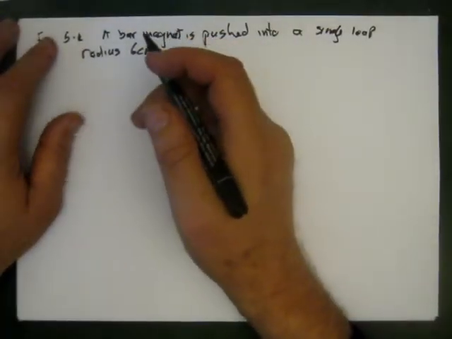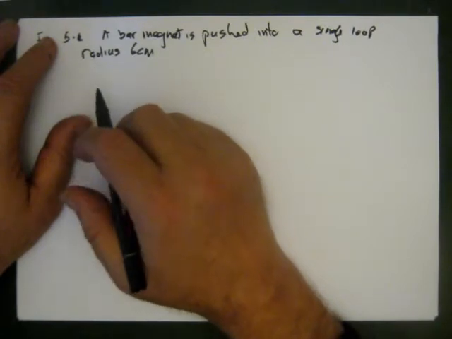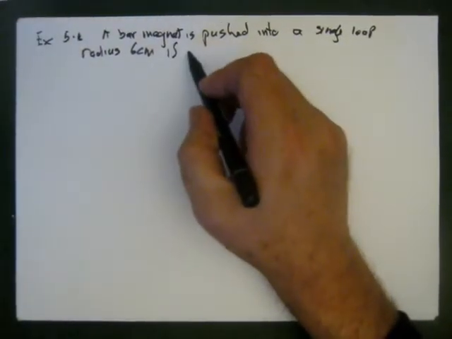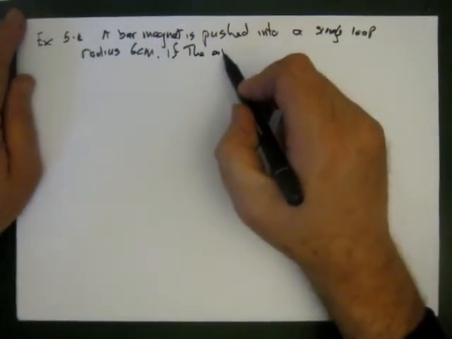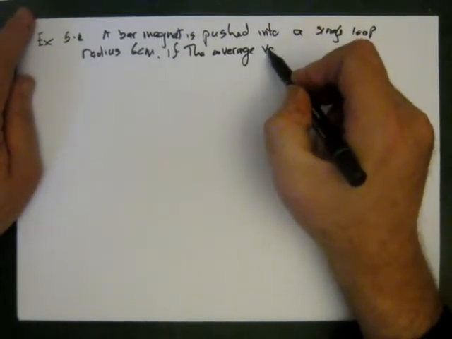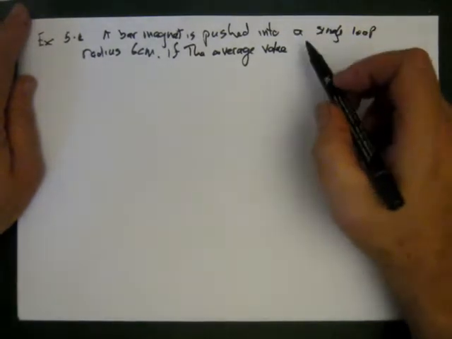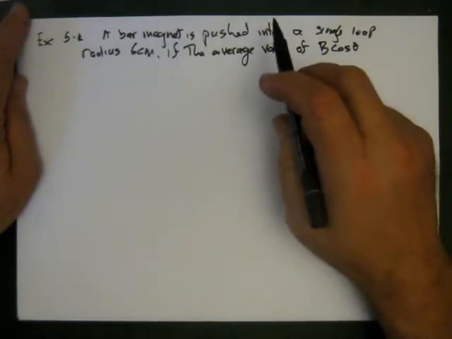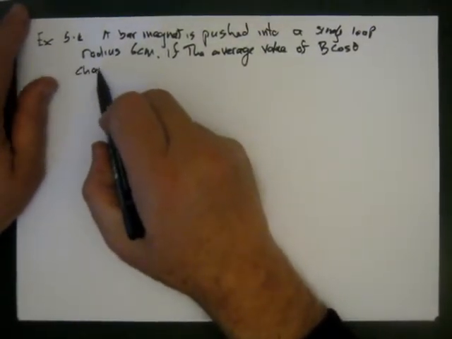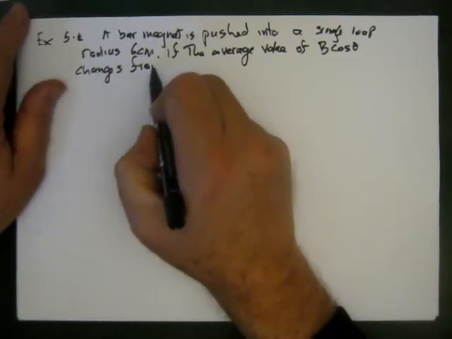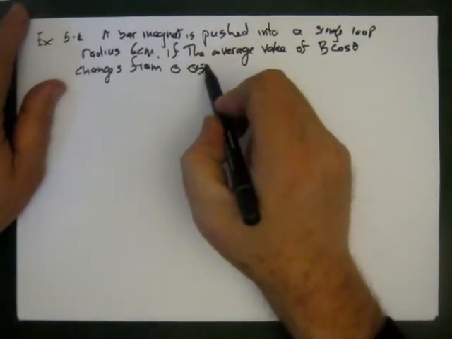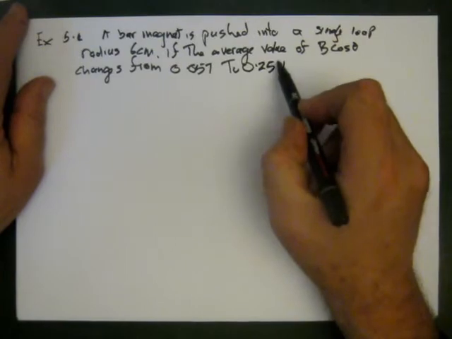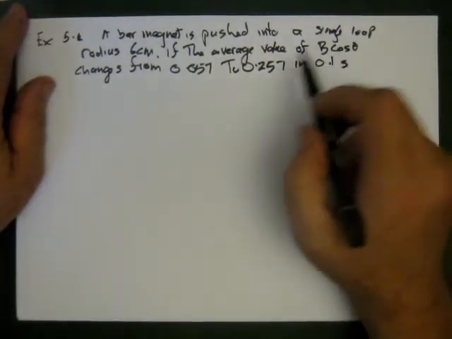Radius 6 centimeters, if the average value of B cos theta, isn't that nice, it's already worked it out for you, changes from 0.05 Tesla to 0.25 Tesla in 0.1 seconds.